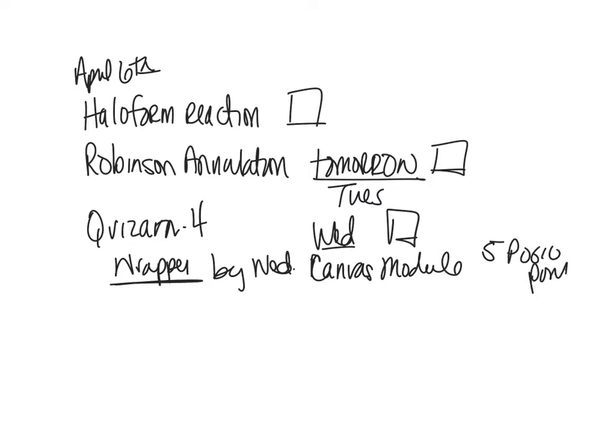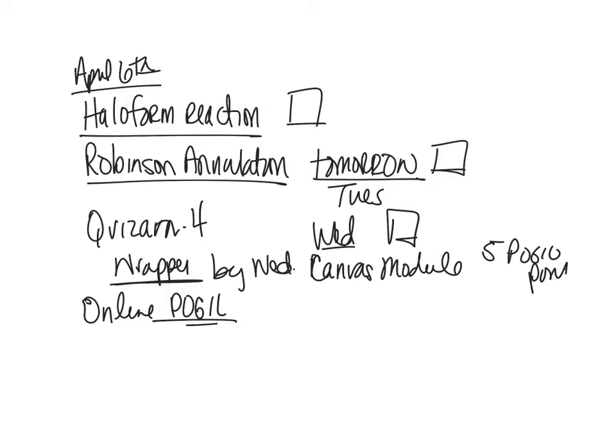You do have some online POGIL from Thursday's discussion. And then you're also going to have some for the Haloform and Robinson annulation. You can submit all those online. POGILs are going to be just worth 5 out of 5 points. So if you could just do one file.